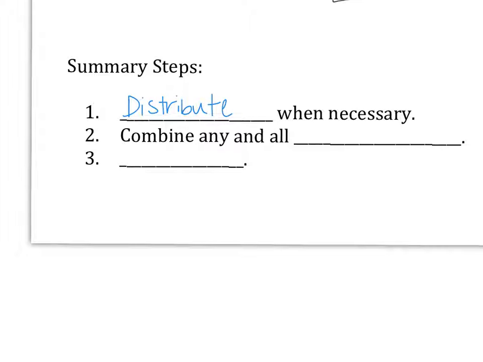And again, we use the distributive property when we see a parentheses with the number or term in front, and we know we'll have to multiply that term by everything that's inside of the parentheses. Combine any and all like terms. And then lastly, we want to solve.